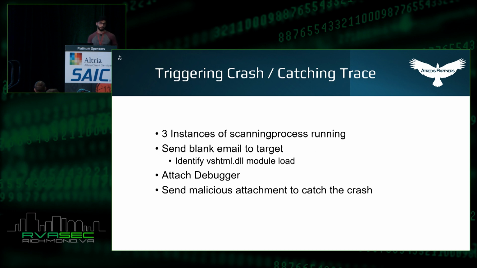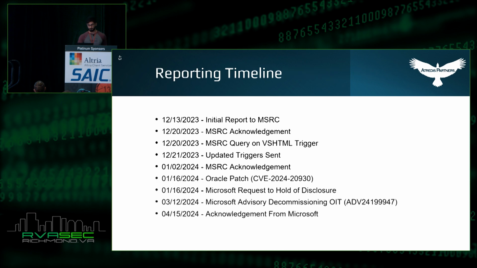This is because emails can have HTML embedded. So after you see that, attach your debugger, send your malicious attachment, and wait for the crash. And pray to God it is going to crash.